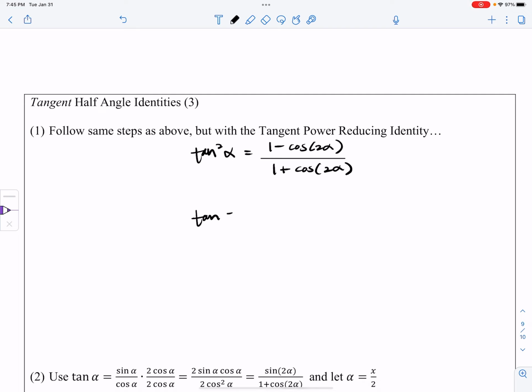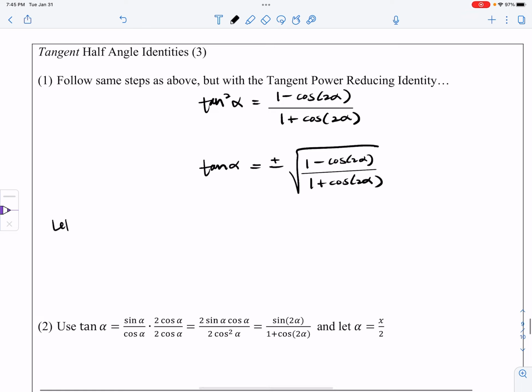So tan alpha equals plus or minus the square root of 1 minus cosine 2 alpha over 1 plus cosine 2 alpha. And then same thing, let alpha equal x over 2.